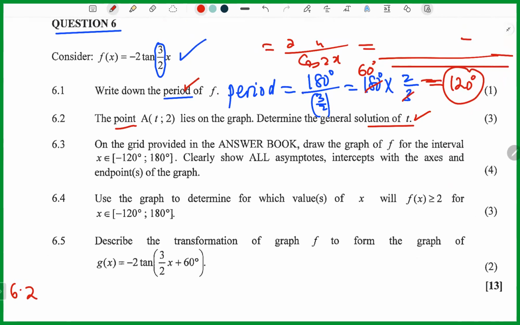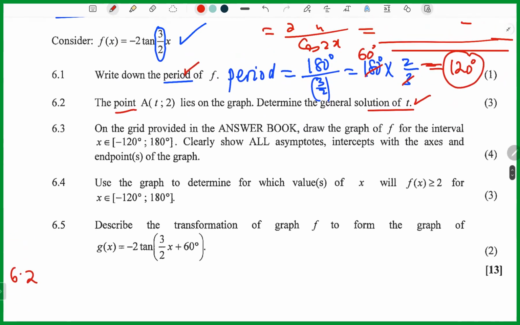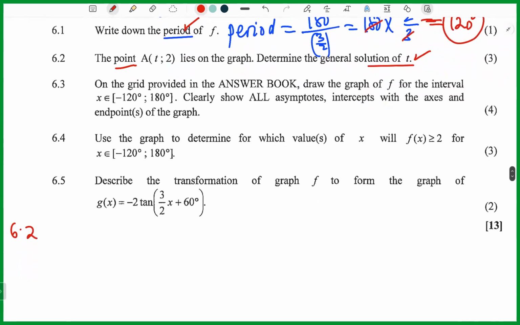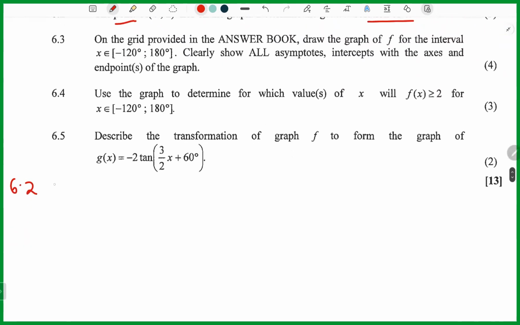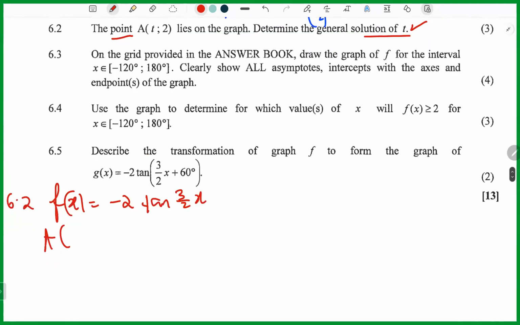So let's look at this one. First and foremost, we look at what the graph is. So here's the graph, it's f of x equals that. So the graph is f of x, which is minus 2 tangent of 3 over 2x. The point A has coordinates t and 2, in which case, therefore, it is x and y.